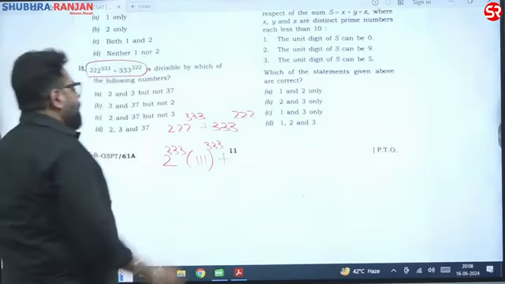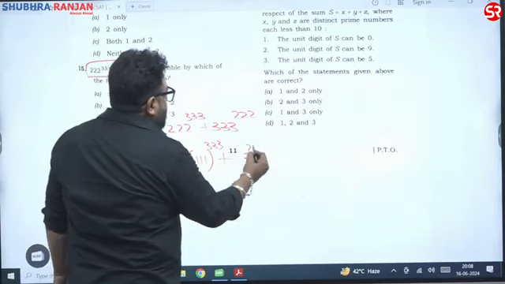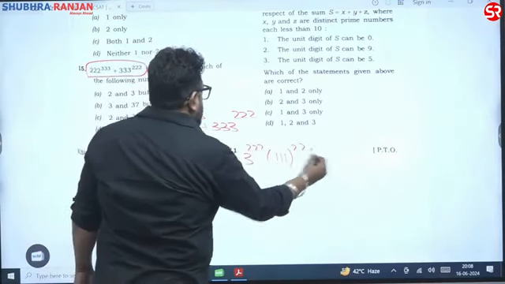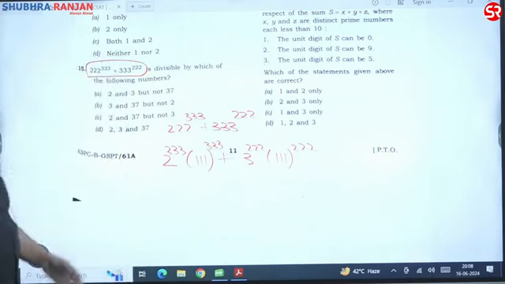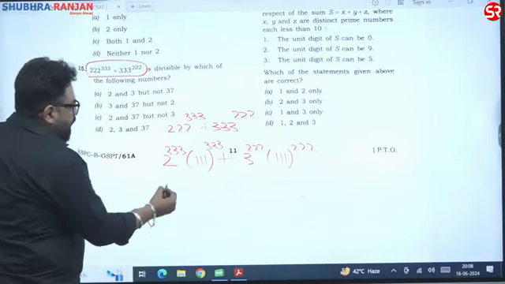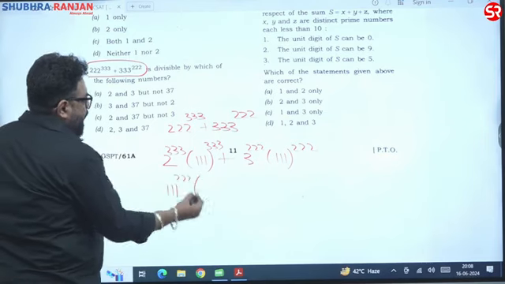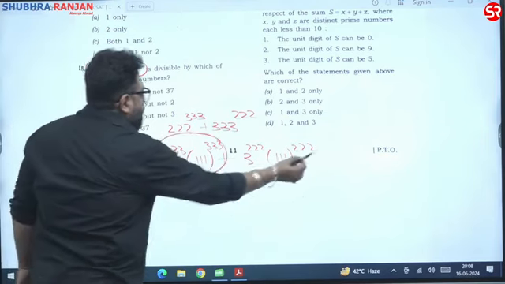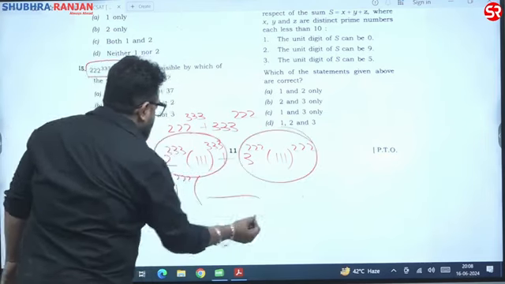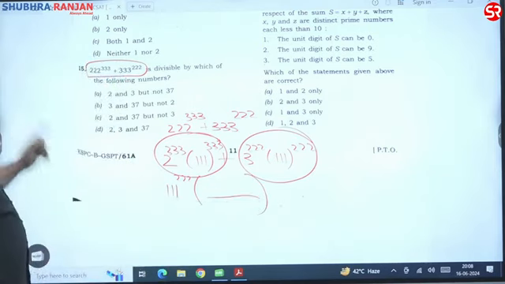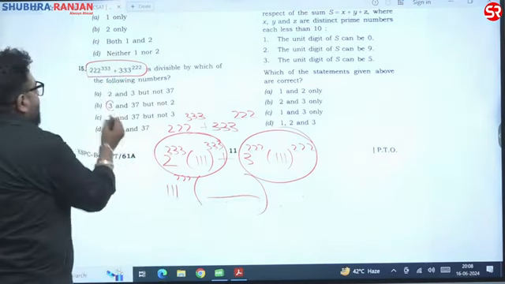And then take 3 out, 3 to the power 222 and 111 raised to the power 222. Isn't it? And then you see that you can take 111 raised to the power 222 common, right? From here also and from here also, whatever is left is gone. I don't care. Now 111 is exactly divisible by 3 and 37.